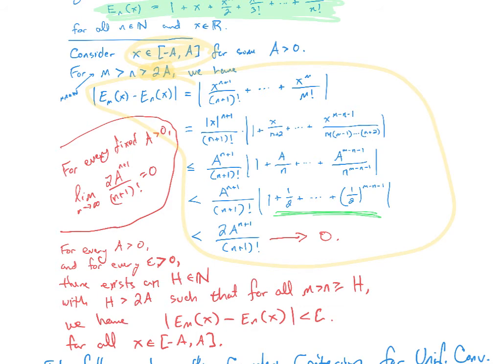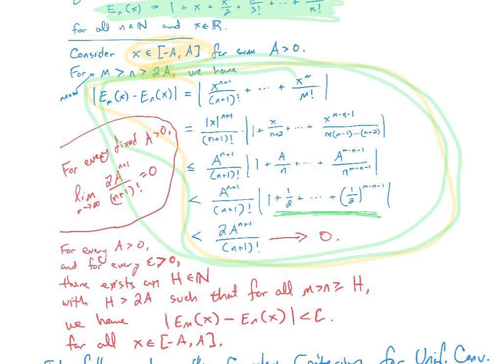So look at this. Look up here at our computation. If we didn't have a bound on x, then we're not going to be able to do that step.